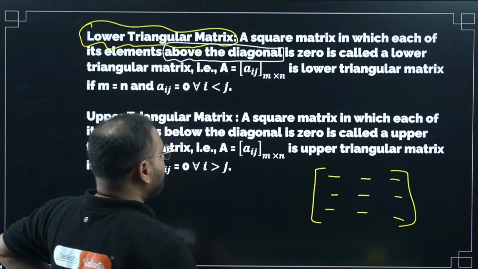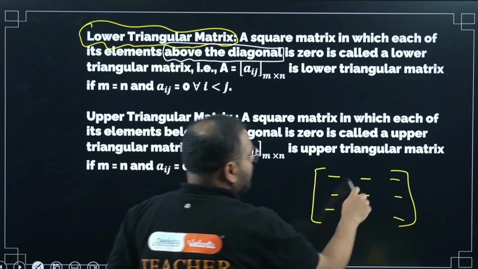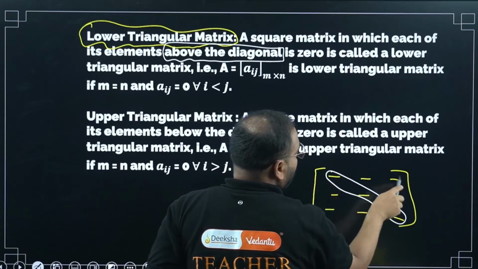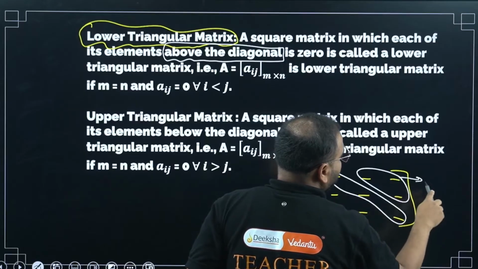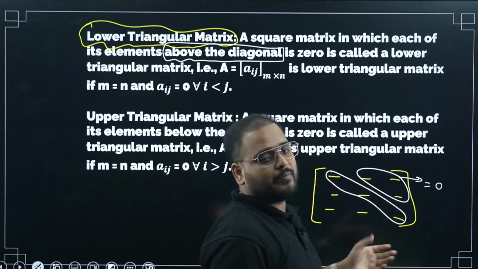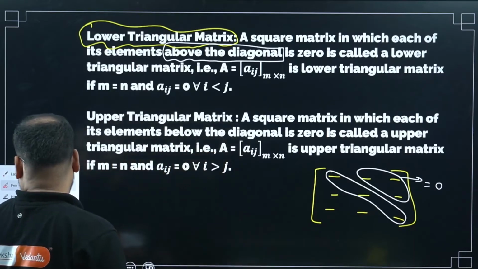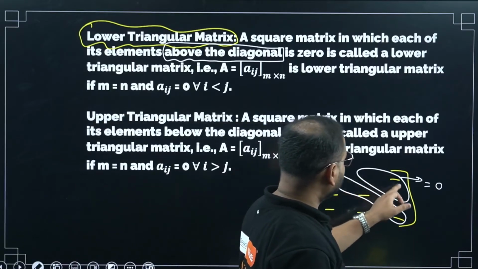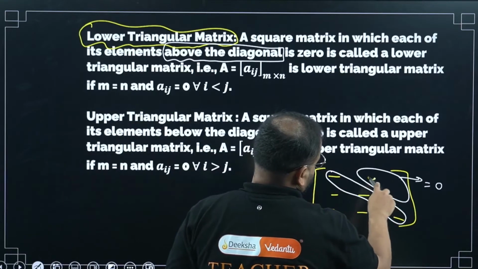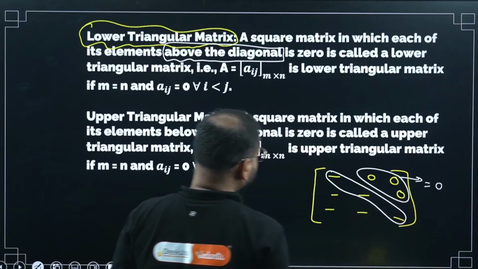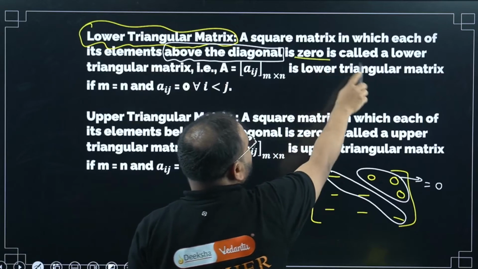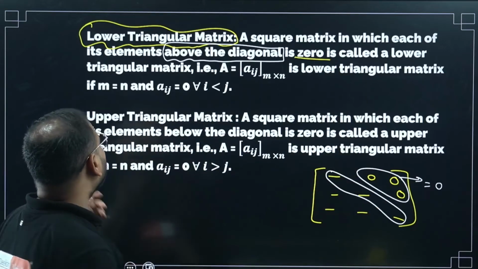Above the diagonal will be 0. Means if this is my diagonal, then all these elements will be equal to 0. All of these, not some, individually. 0 0 0, basically. So all the elements above the diagonal are 0, then that is called a lower triangular matrix.